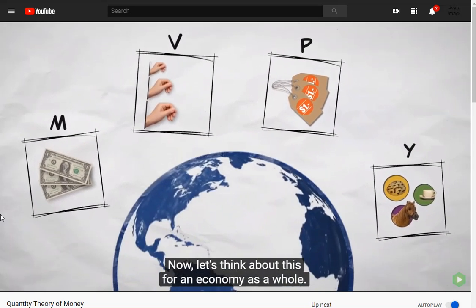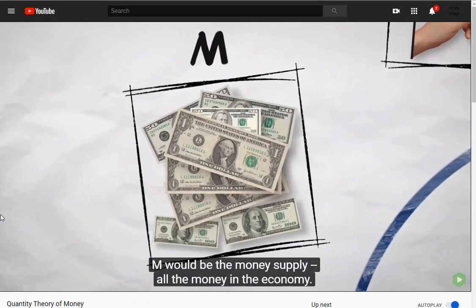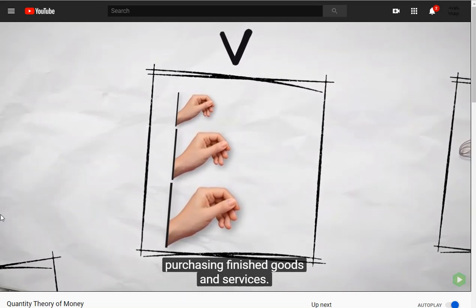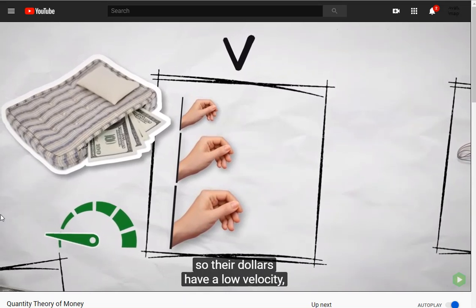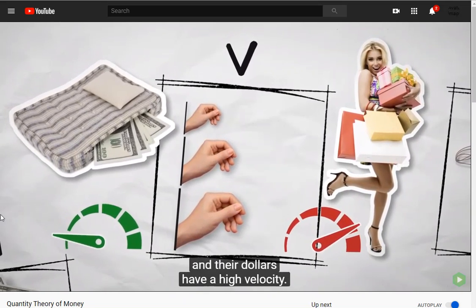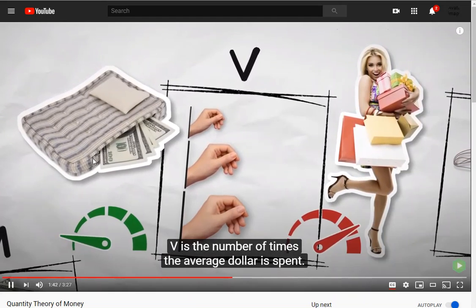Now, let's think about this for an economy as a whole. M would be the money supply, all the money in the economy. V would be how many times a dollar is spent purchasing finished goods and services. Some people hoard cash under their mattress, so their dollars have a low velocity, while others spend or invest their money quickly and their dollars have a high velocity. V is the number of times the average dollar is spent.